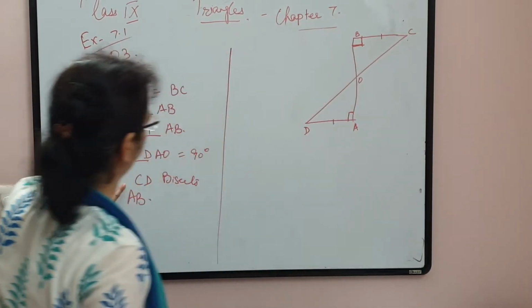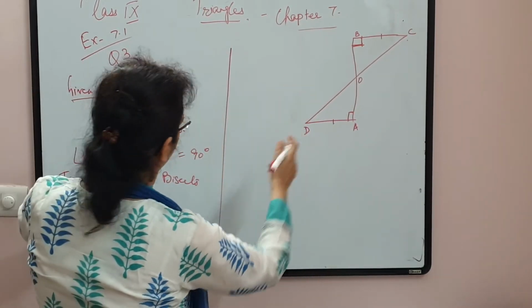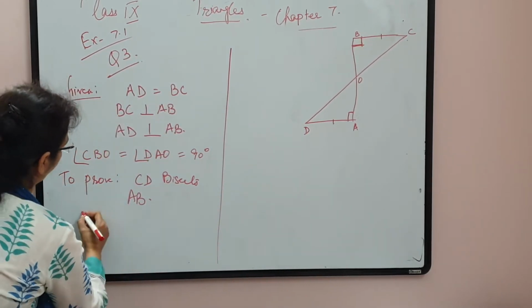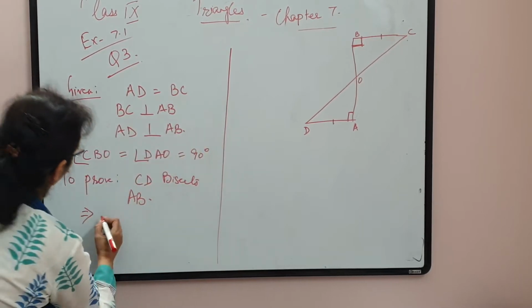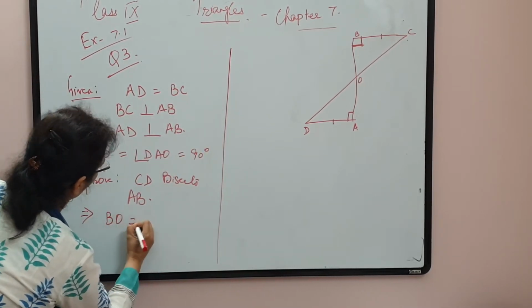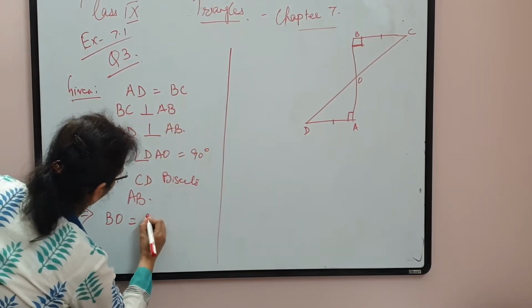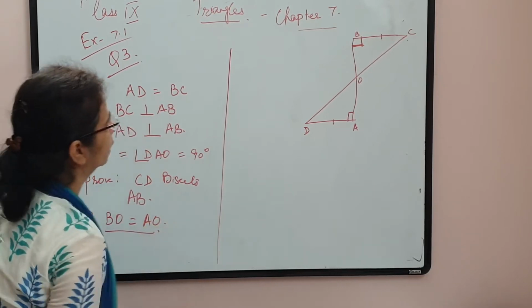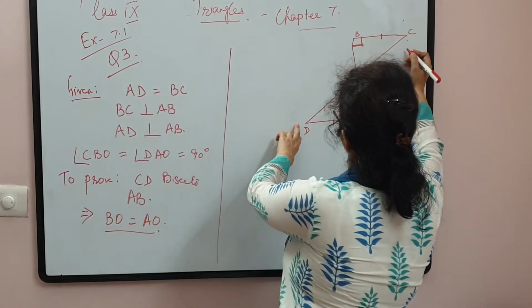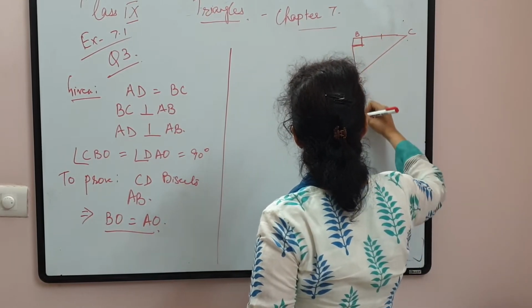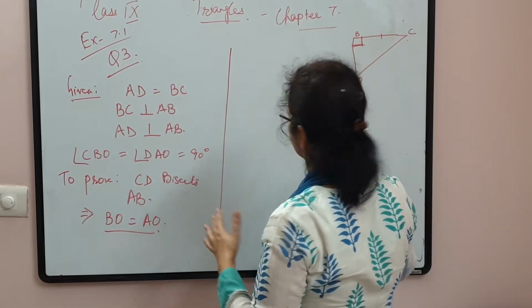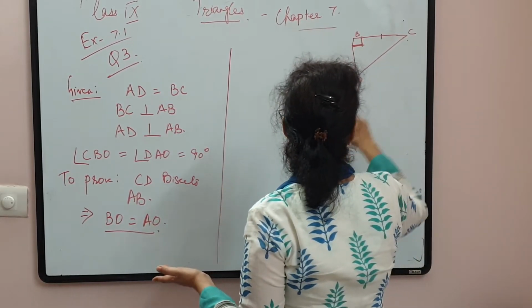See, when you have to prove that CD bisects AB, children, basically what you have to prove is that BO is equal to OA. CD is the bisector of AB, means you want to prove that BO and AO are equal. That means BA is being divided into two halves by CD.